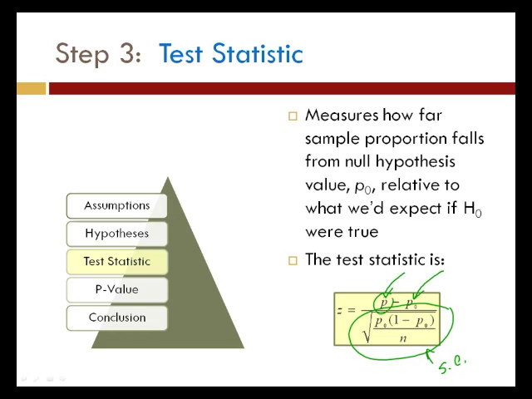This first one's P hat, but the rest are P0, the hypothesized population proportion, the thing that appeared in our null hypothesis and our alternative hypothesis. It's 1/3 in this case. So what's our P hat?